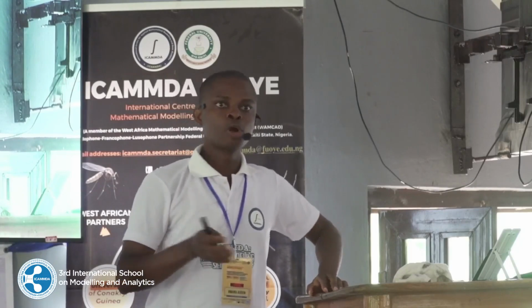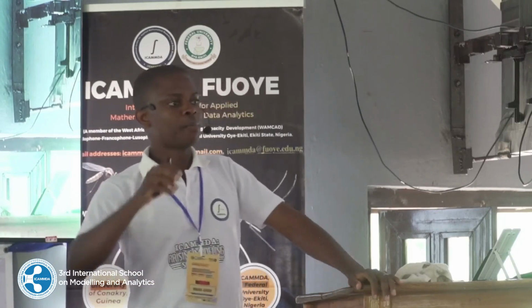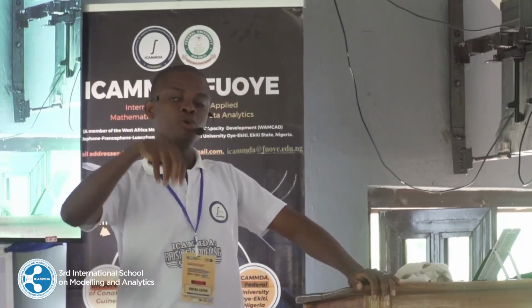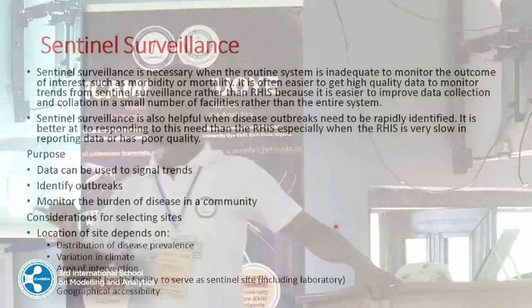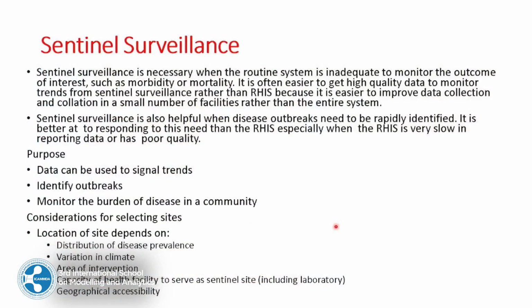All of these are important features we must note in the country whenever we want to set up sentinels. So sentinels for entomological surveillance are also present in the country. Sentinel surveillance is necessary when the routine system is inadequate to monitor the outcome of interest, such as morbidity or mortality.